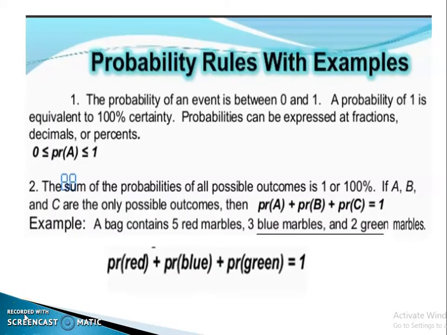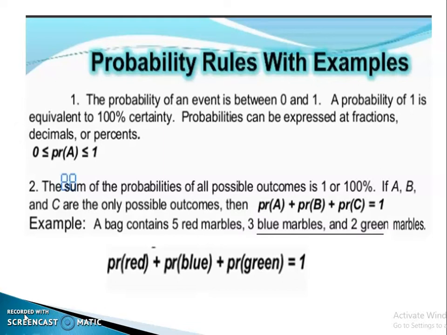Some important probability rules are listed here. Number 1, the probability of an event is between 0 and 1. A probability of 1 is equivalent to 100% certainty. Probabilities can be expressed as fractions, decimals, or percents. So probability of an event A lies between 0 and 1.